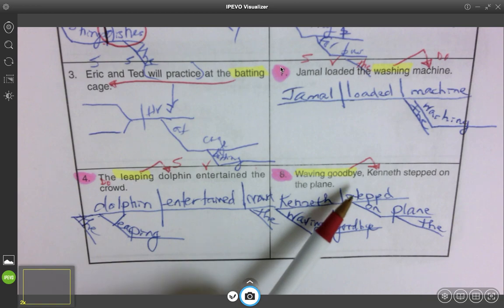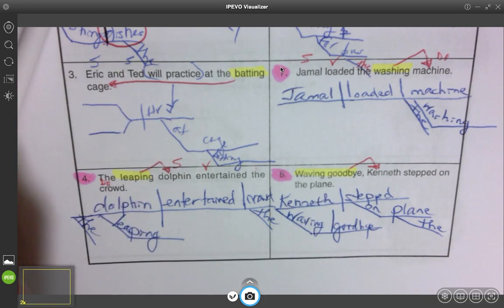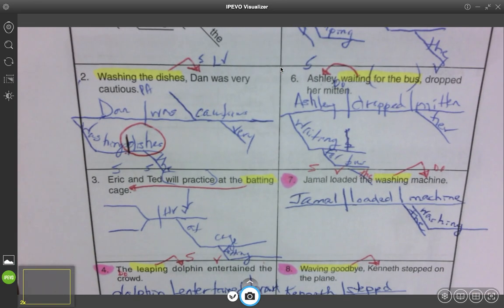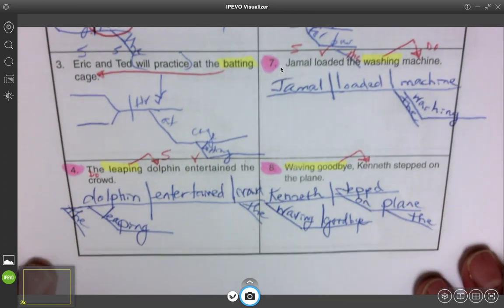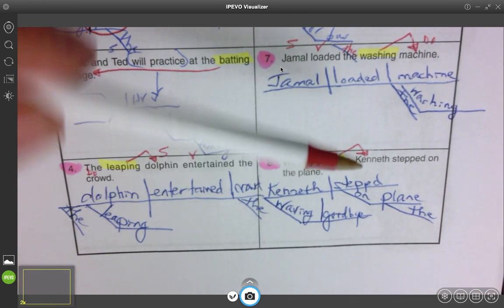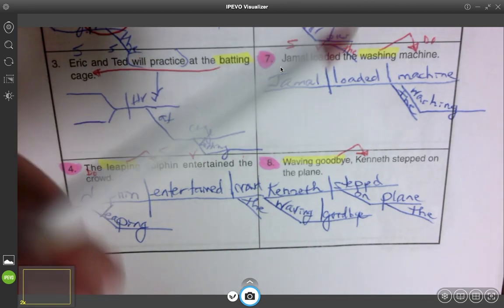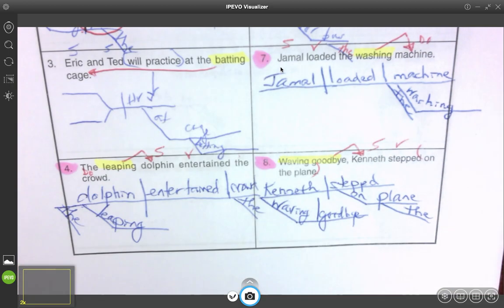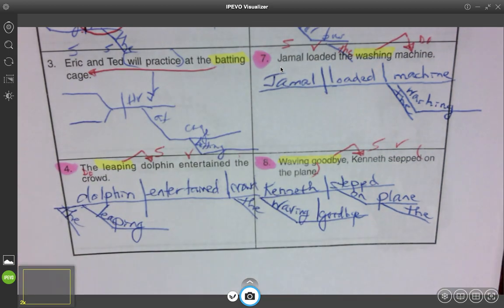Number 8. This is the pattern that we used up in sentence number 2. In sentence number 2, it said washing the dishes, modifying the subject Dan, and in this sentence, waving goodbye modifies Kenneth. Subject, verb, and prepositional phrase. There is no object.